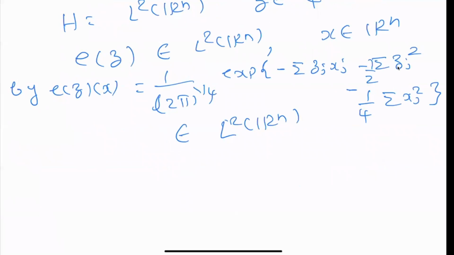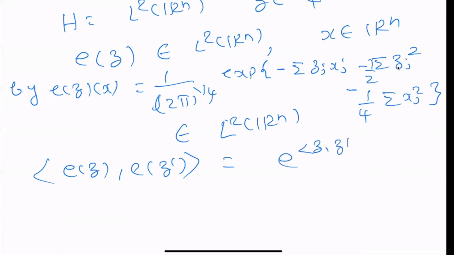So this is a function. Then if you take the inner product of E of Z with E of Z prime, you know the integral, you have to take the integral in Rn, and you will get that it is equal to this.